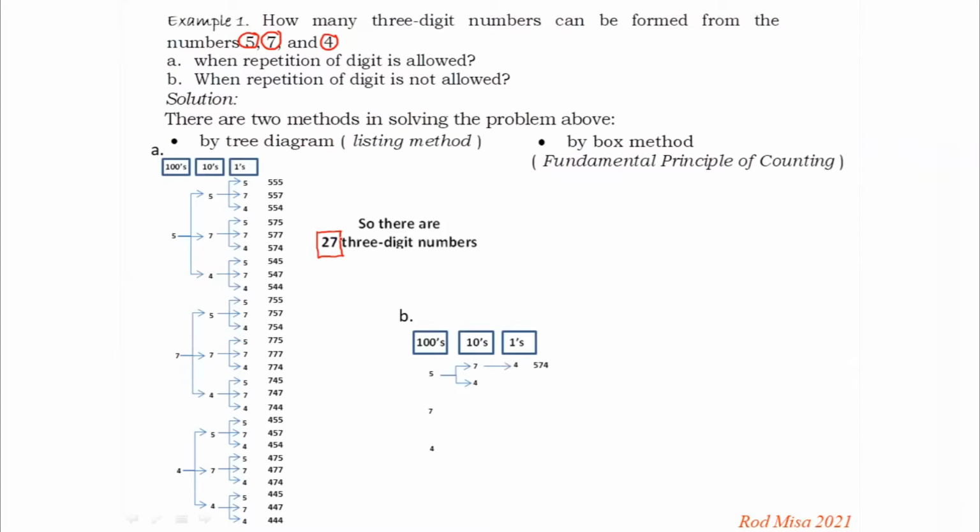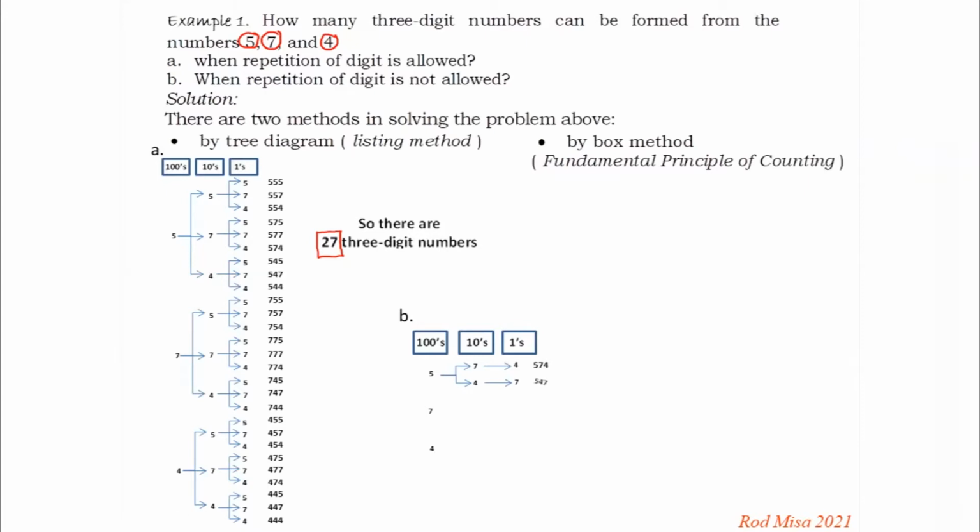So the number is 574. But if I have placed 5 in the hundreds place with 4 in the tens place, I have only one choice remaining for the ones place, which is 7 here.